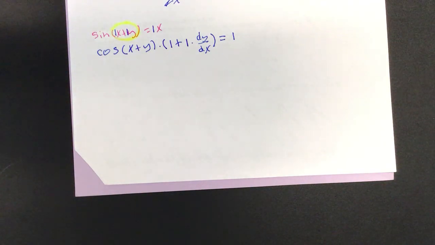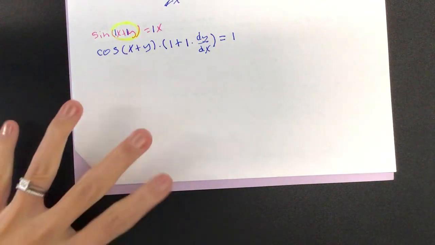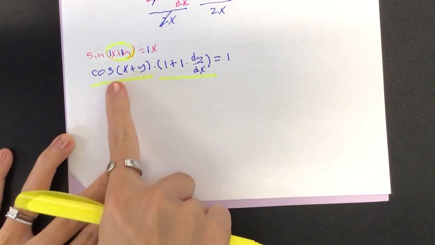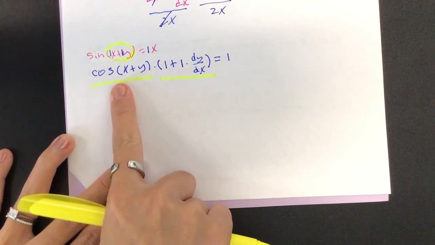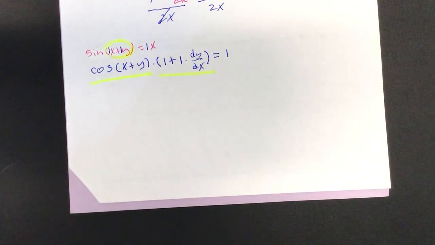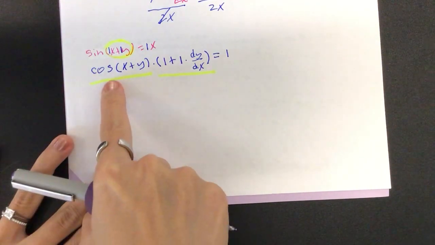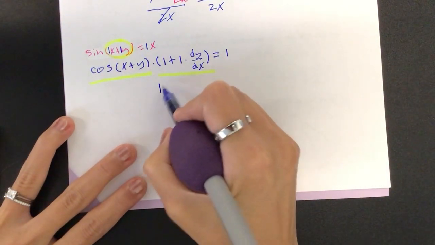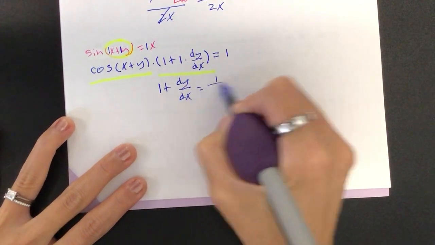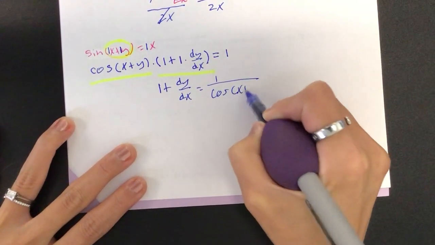So let's see what's happening here. I have this whole chunk in this whole chunk. Can I move this right now by dividing by this one? We can get rid of this, right? Let's do it. So to get rid of it, I'm simply putting this over 1. So we have 1 plus dy over dx is equal to 1 all over cosine of x plus y.